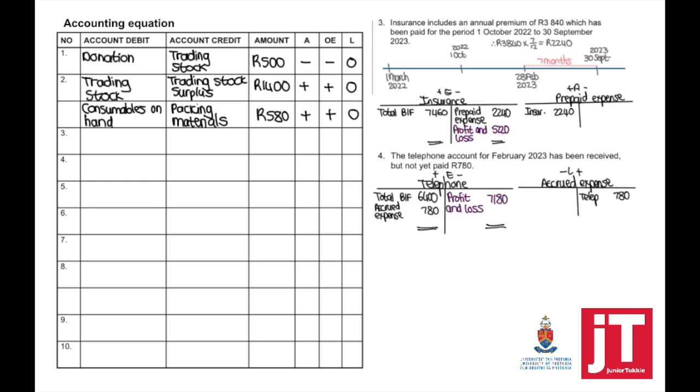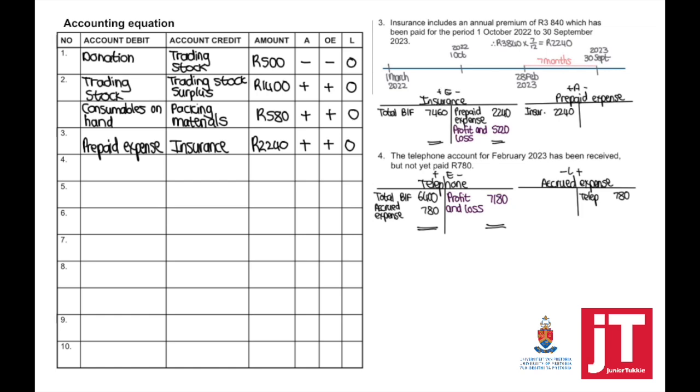Adjustment number 3, the prepaid expense with regards to insurance, account debited, prepaid expense, account credited, insurance, amount 2,240.